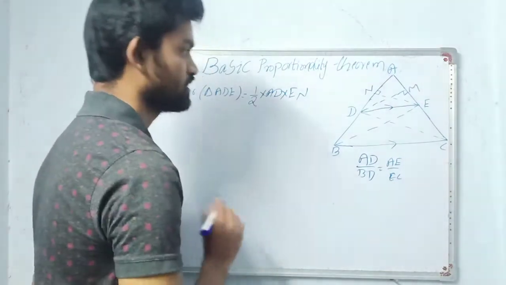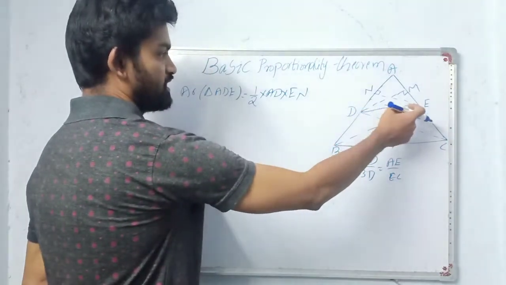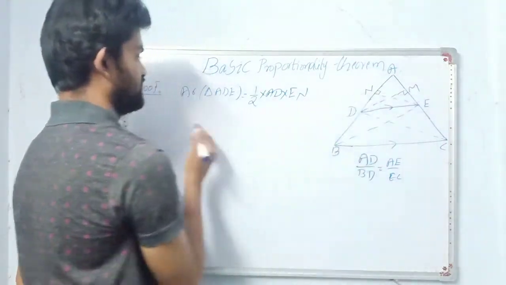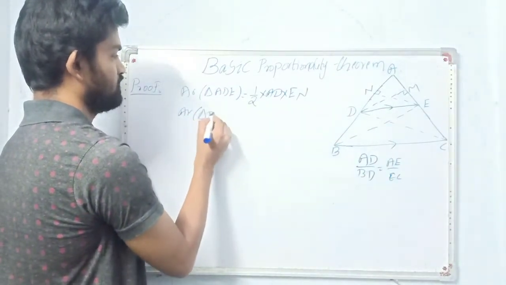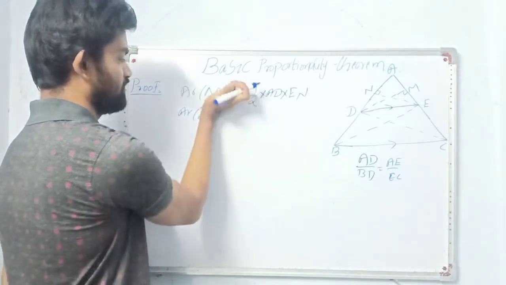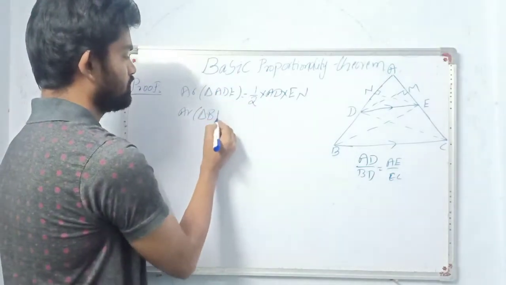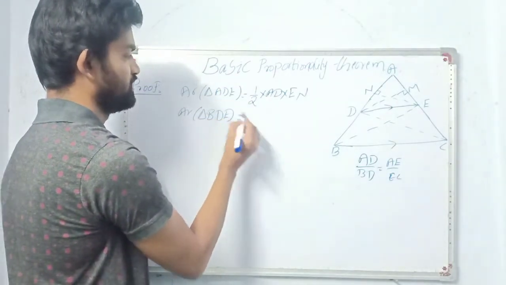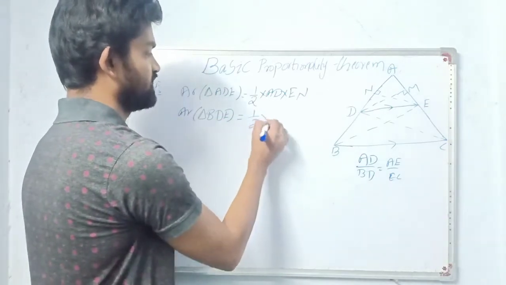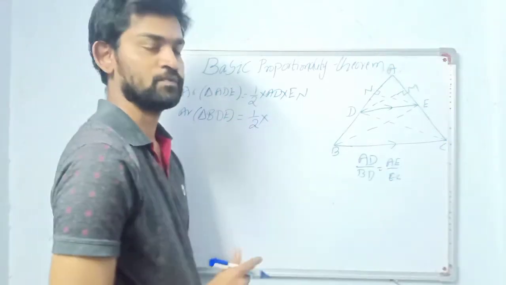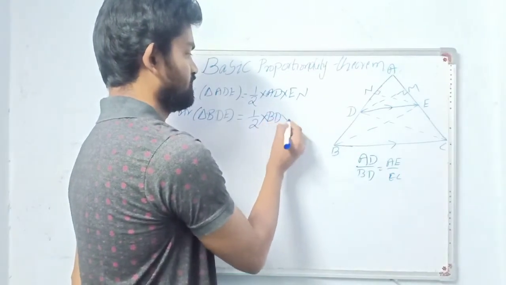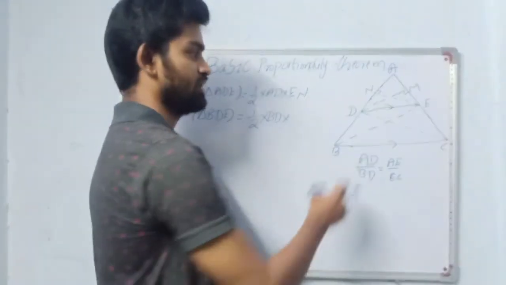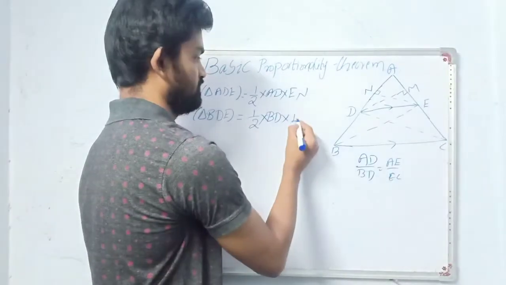Now I am taking triangle BDE. Writing area of triangle BDE. So what is the area? Half into base. What is the base? Base is BD, into what is the height? Height is again EN.